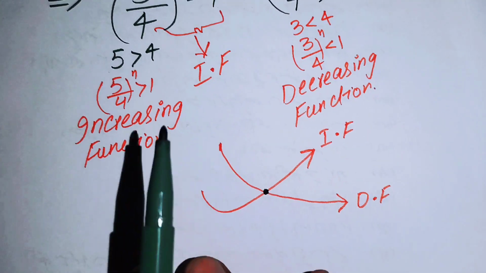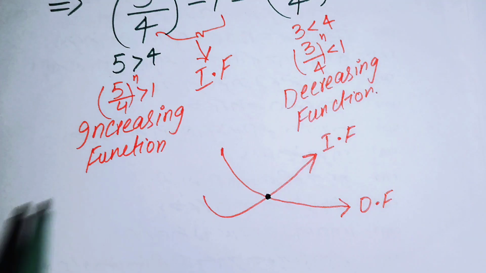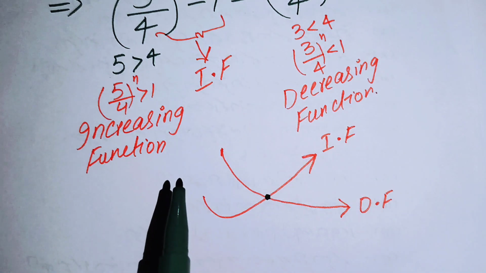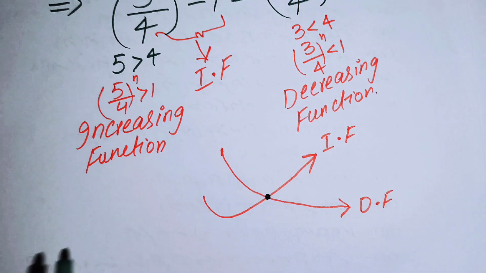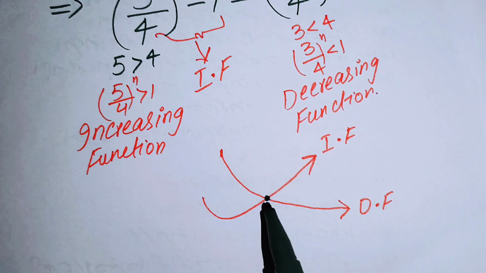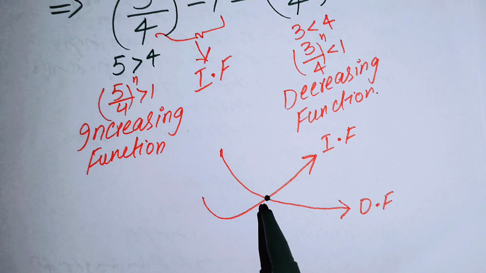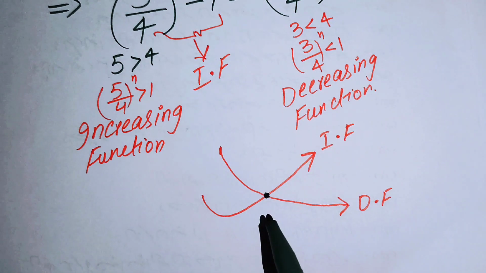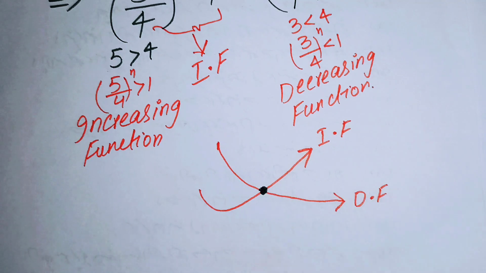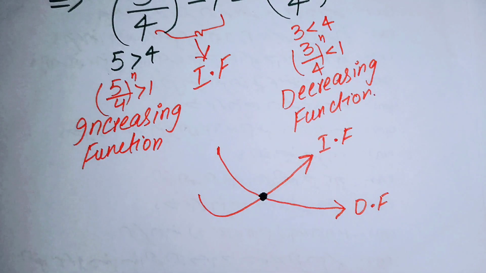So I can explain it this way: first I check how many solutions this question has. The increasing and decreasing functions intersect at a single point, so this question has only one solution, and this point is the only solution of the given question statement.